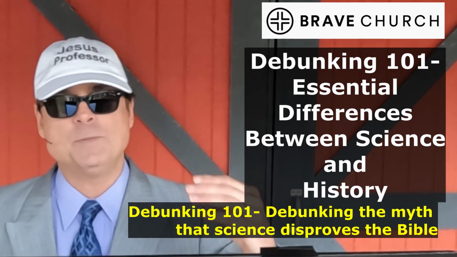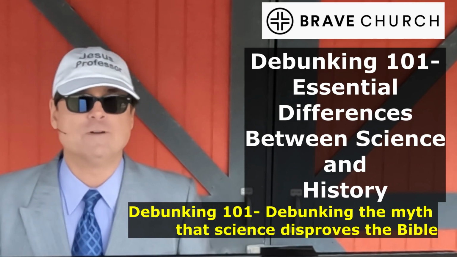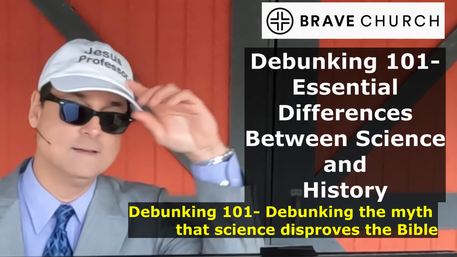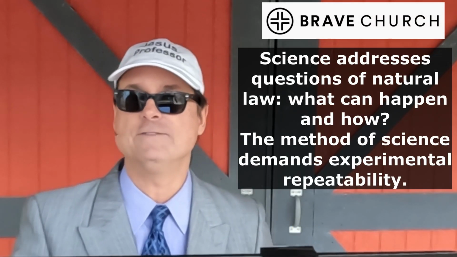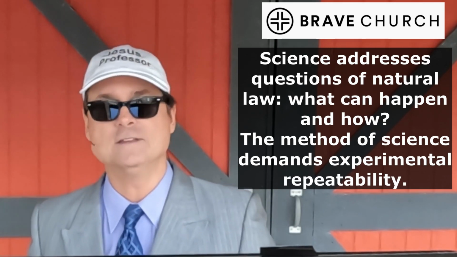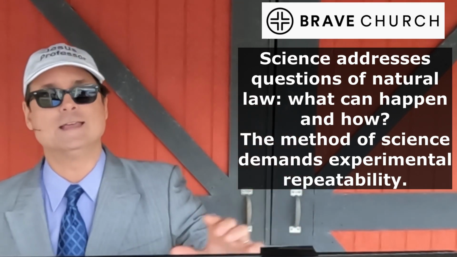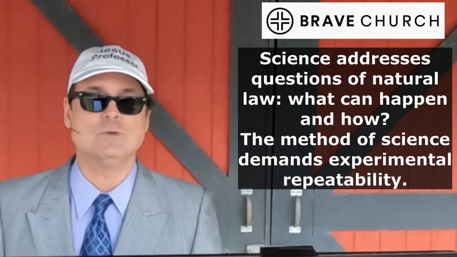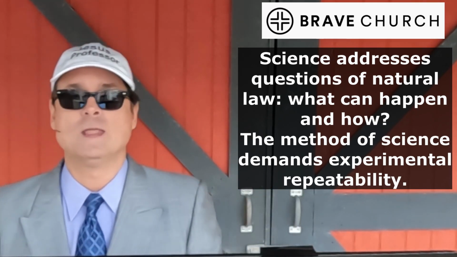Since human opinion is fallible, a method was invented to provide greater objectivity through the testability of ideas. Science is the area of natural philosophy that seeks to describe natural laws and processes by demanding that hypothetical laws and descriptions of natural processes are consistent with repeatable or reproducible experiments.